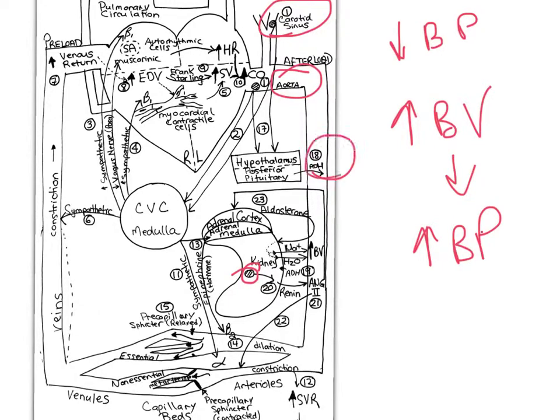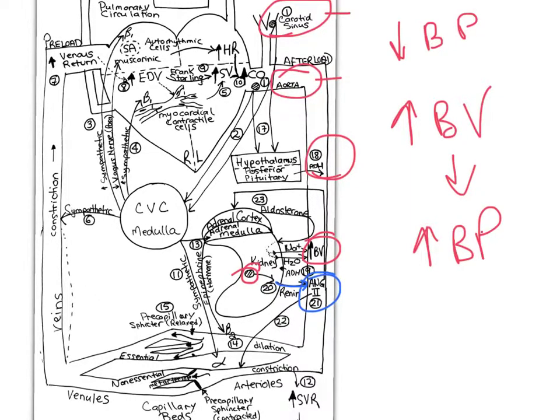We have ADH being released from the posterior pituitary, which increases the reabsorption of water and therefore increases blood volume. That is in response to the hypothalamus being stimulated from the afferent signals coming from the carotid sinus and the aorta.